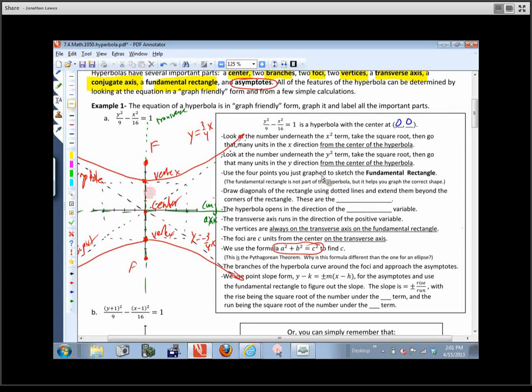Okay? And those 4 points, we had this point, this point, this point, and this point. Those points define what we call the fundamental rectangle. Again, it's not part of the hyperbola, but it helps us graph the right shape. Okay? Draw the diagonals of the rectangle using dotted lines and extend them beyond the corners of the rectangle. These are the asymptotes.